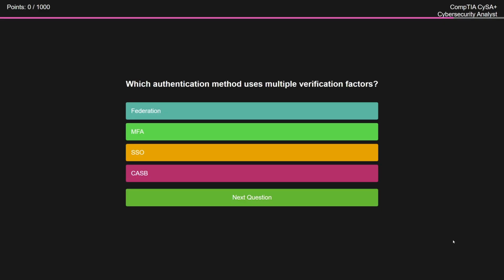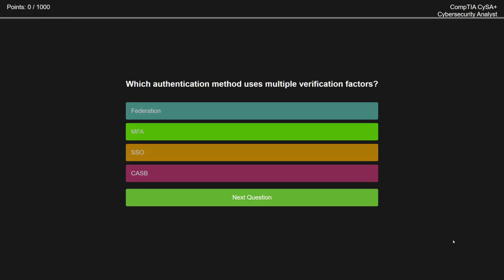Which authentication method uses multiple verification factors? Federation, MFA, SSO, or CASB. I'll read those out for you: multi-factor authentication, single sign-on, or cloud access security broker. Since it's already about to end, I'm going to say it's multi-factor authentication.